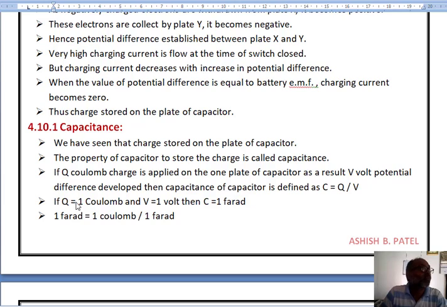So if Q is equal to 1 coulomb and V is equal to 1 volt, then C is equal to 1 farad. The unit of Q is coulomb, and V is in volts.